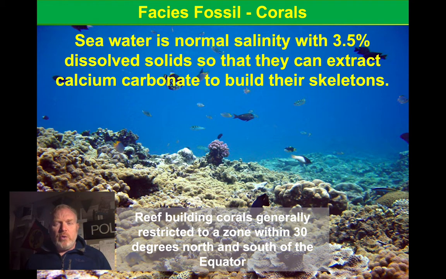So much so that it's really defined by latitude. We're not really going to find, certainly hard corals, north of 30 degrees or south of 30 degrees away from the equator. It's very much a tropical animal.